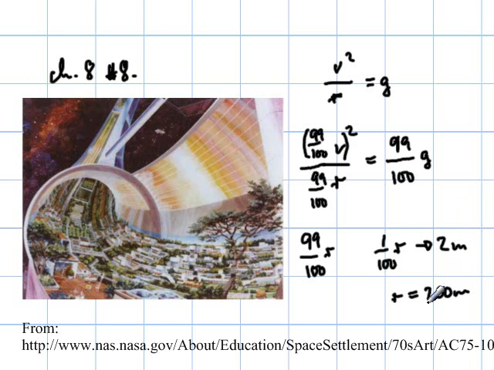So at a radius of 200 meters we would feel g, and at a radius of 198 meters where our head would be, we would feel 99% of g, and I guess the difference is small enough that we don't get lightheaded.